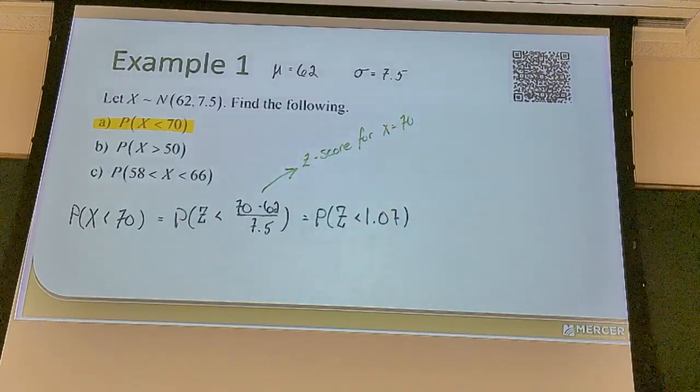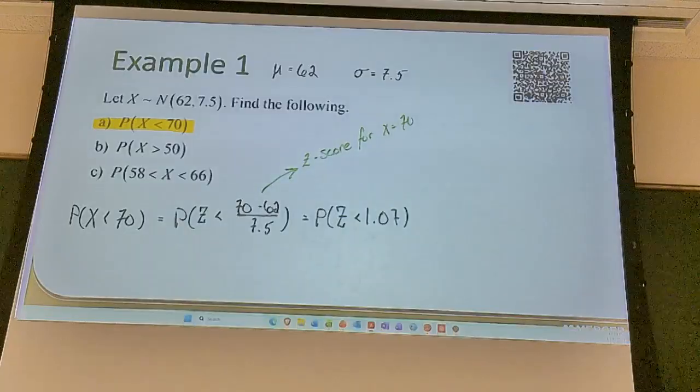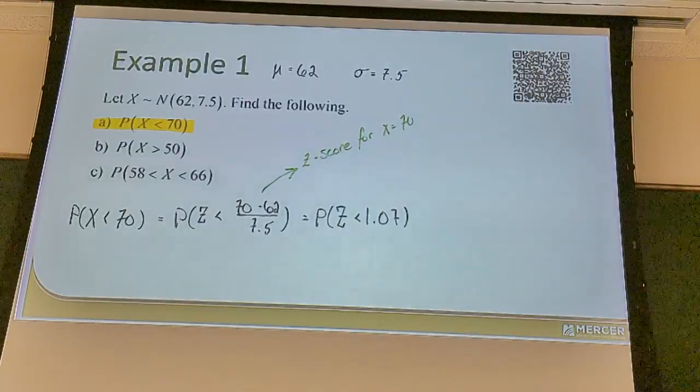Let's give them everything else except for the table. So we're looking for less than 1.07.